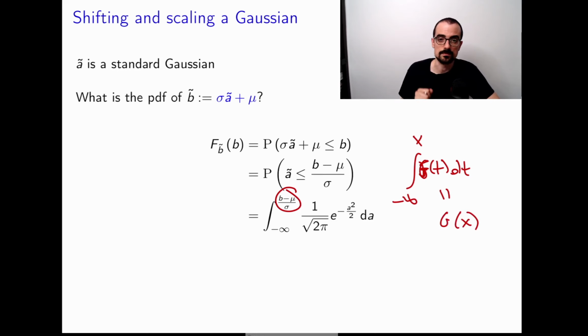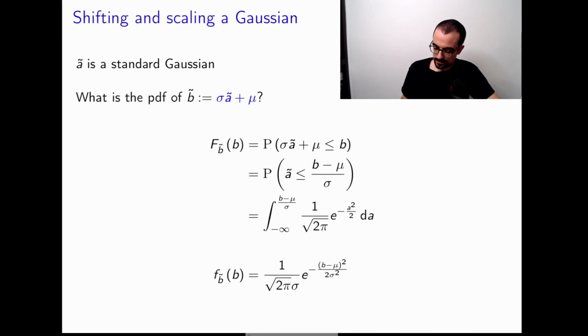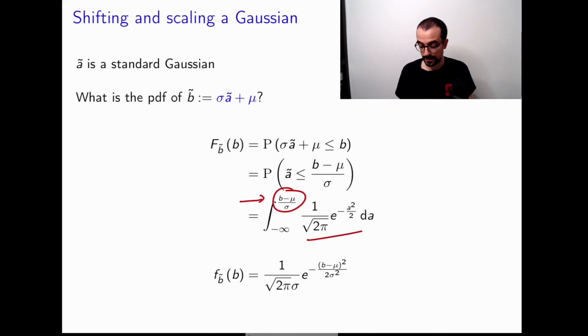Okay, this is just basic calculus. So now the derivative of this is going to be this, and now I'm also going to have to take the derivative of that, by the chain rule. So what I have is that the derivative is equal to this function plugging in this value times the derivative of this with respect to b. We're taking the derivative with respect to b because that is the argument of the CDF.